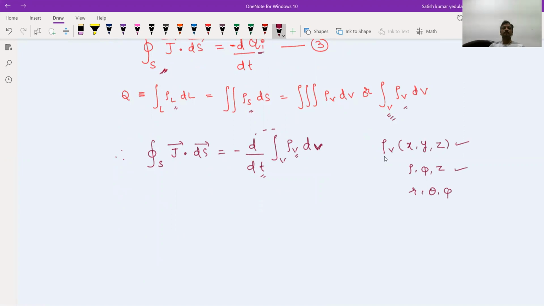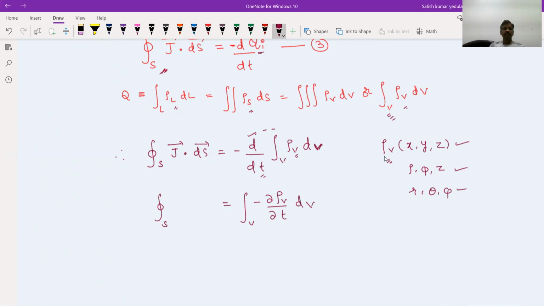This is rectangular, this is cylindrical, and this is spherical. Whenever you attach a differentiation to a variable which is a function of more than one independent variable, this differentiation becomes partial differentiation. So that is the volume integral of minus dou rho V by dou t dV. When a variable is a function of three independent variables, you never attach a normal differentiation; you always need to go for partial differentiation.